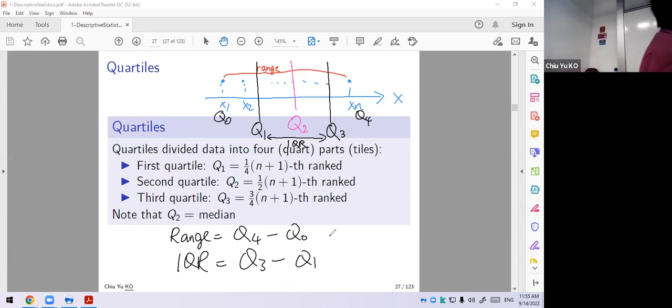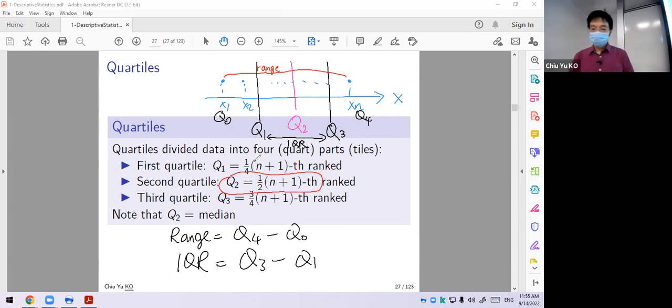So just to define properly, Q2 is the median. Just as I said, you remember Q2 is at position half of n+1.